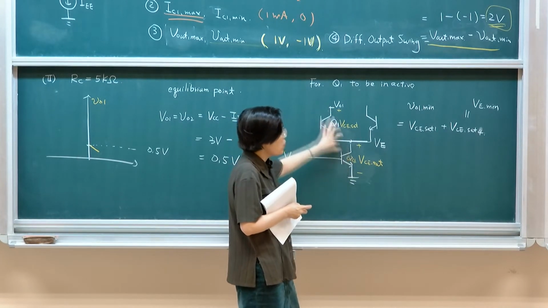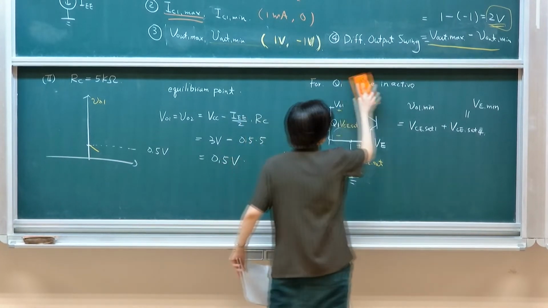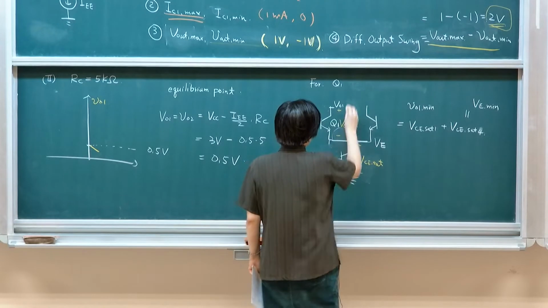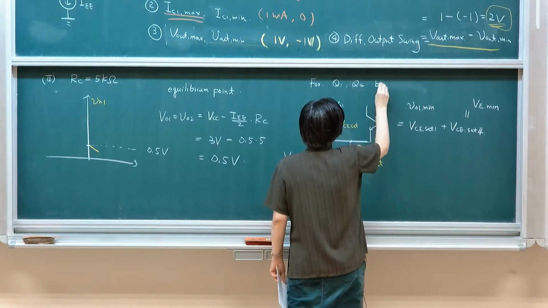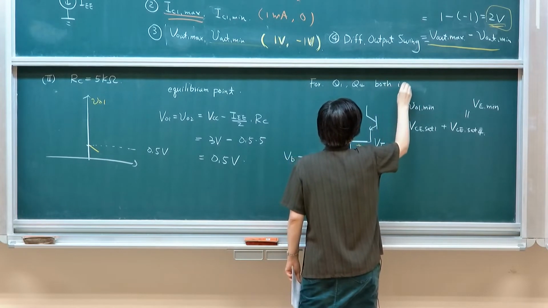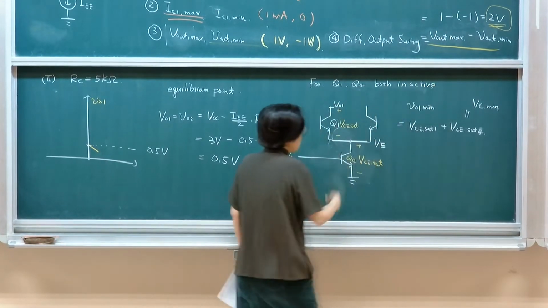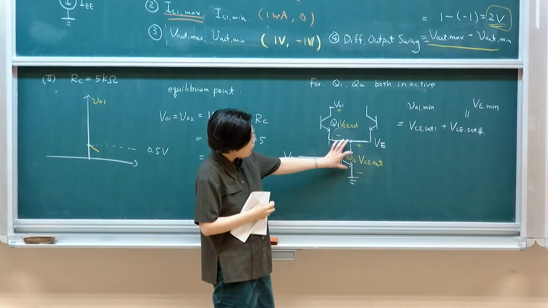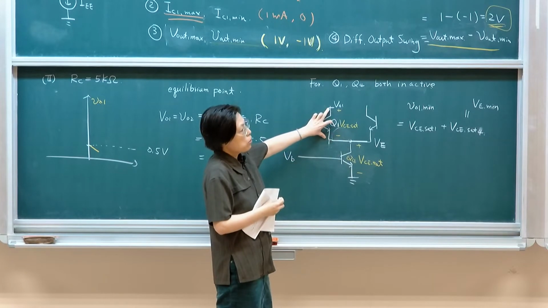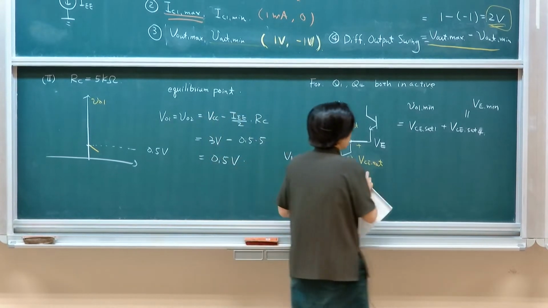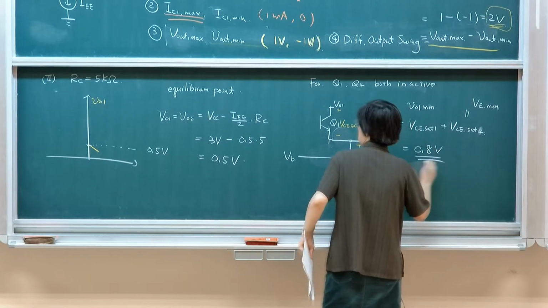So for these two transistors to remain active, for this circuit to be functional, both have to be active. To ensure that both of them are active, this voltage needs to be at least 0.4 volt. This needs to be at least 0.4. So this will then set it to 0.8.